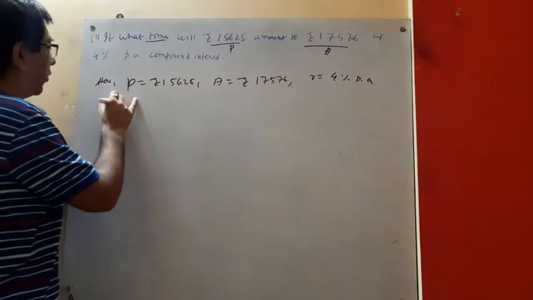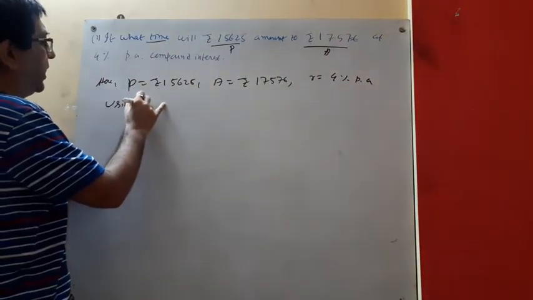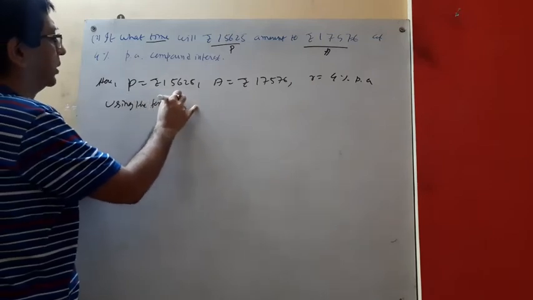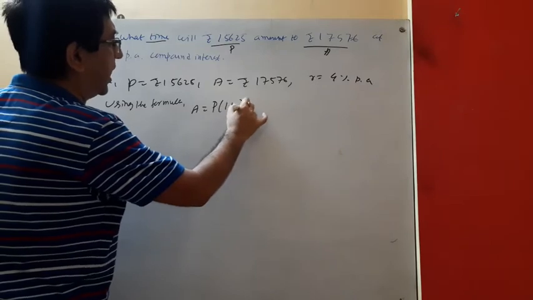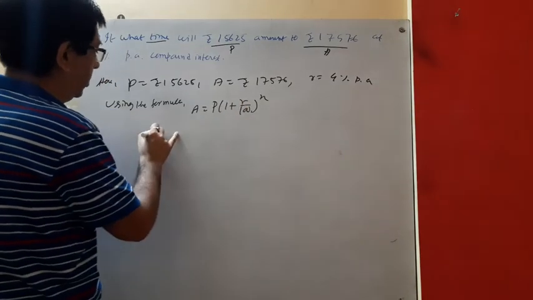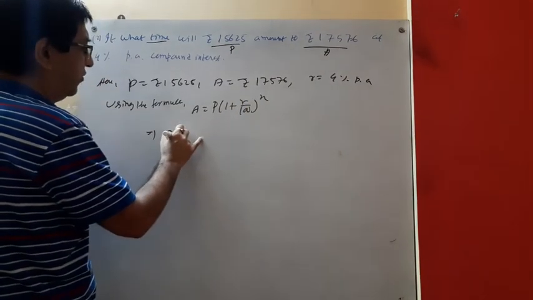So using the formula, A equal to P into 1 plus R by 100 whole to the power n. What is A? 17576.